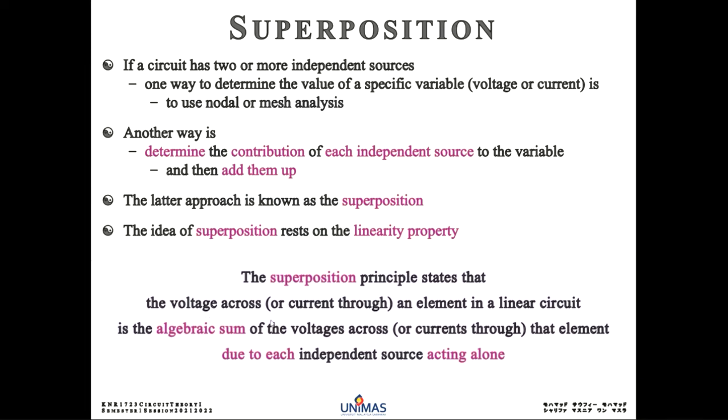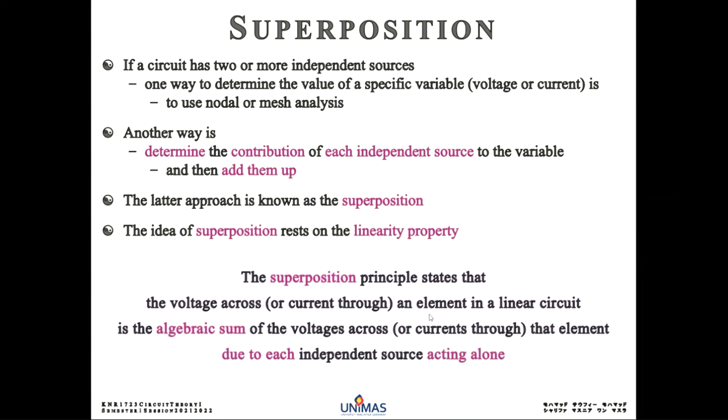In words, the superposition principle states that the voltage across or current through an element in the linear circuit is the algebraic sum of the voltage across or current through that element due to each independent source acting alone.